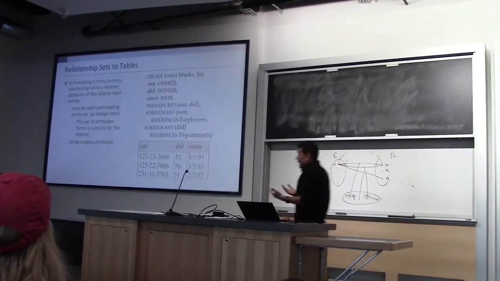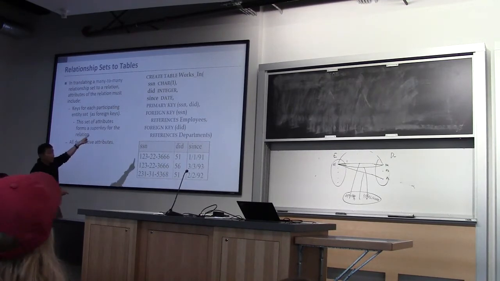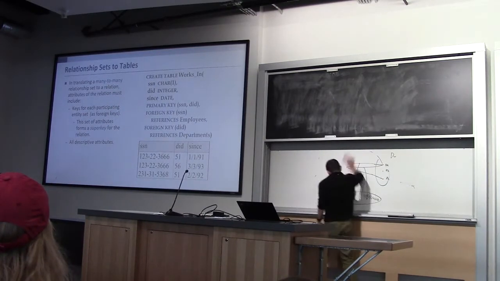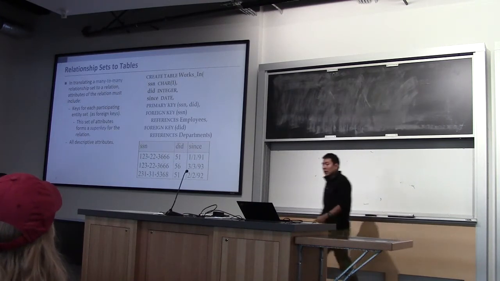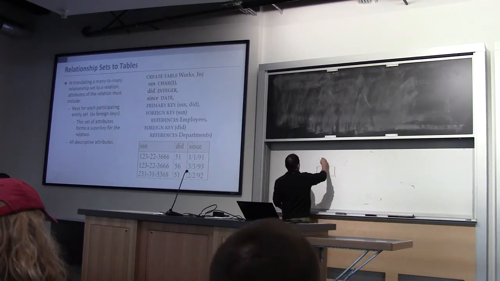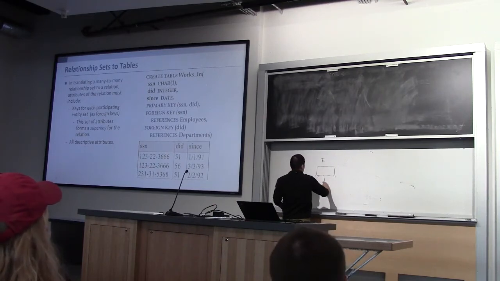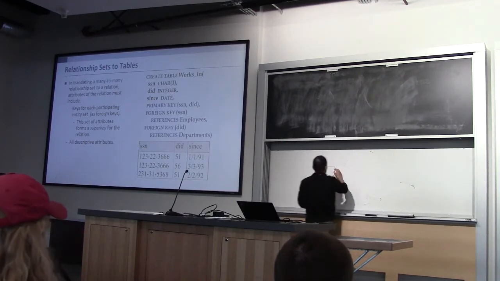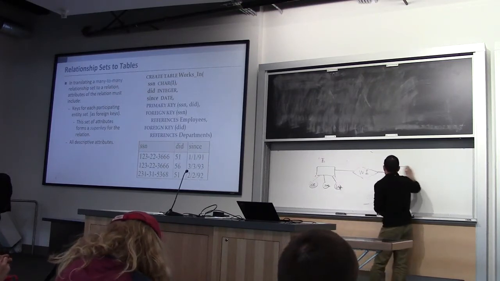So the way you capture a relationship set is the following. This is for the works-in relationship. Let me reproduce that example here so that you know exactly what I'm talking about. Imagine I have a binary relationship between employees, which have SSN, name, let's say lot, with works-in, with department.